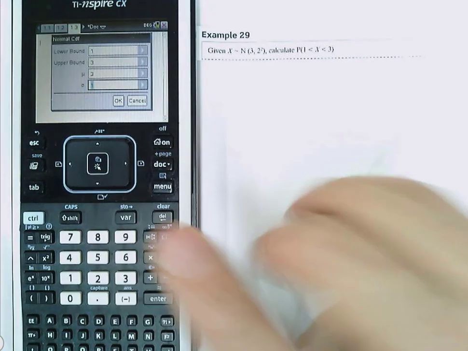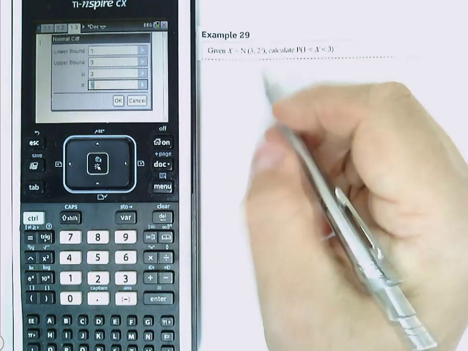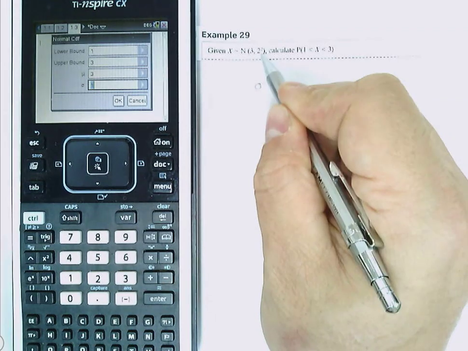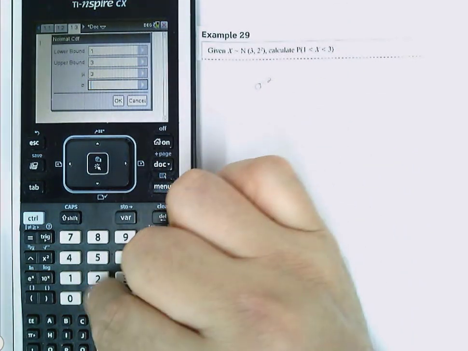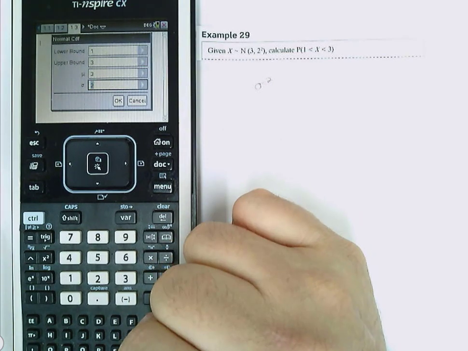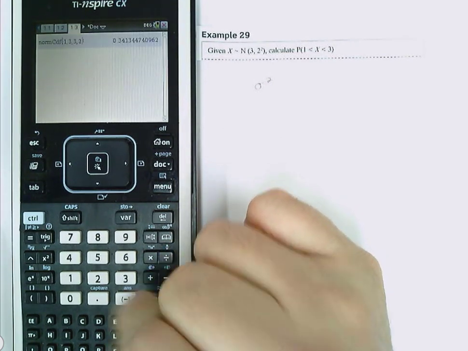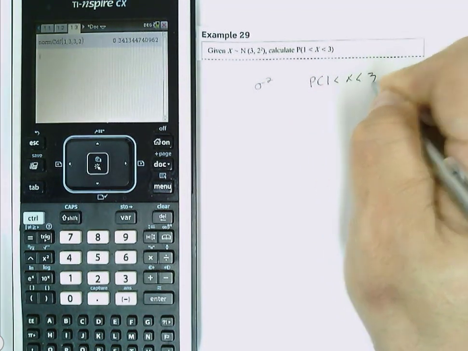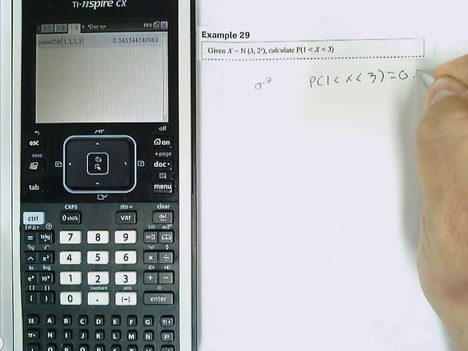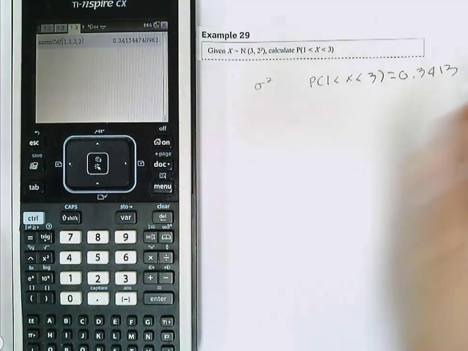And even though in our notation we use variance, here they only want the standard deviation, and standard deviation is 2. Then I go OK and get my answer. The probability that 1 is less than x is less than 3 is going to be 0.3413.